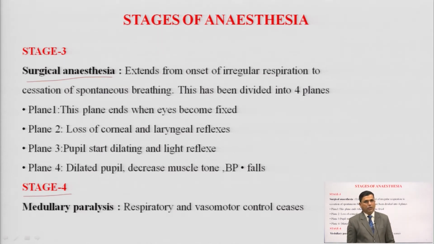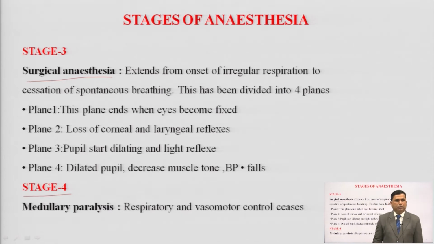In the third, the pupil starts dilating and light reflexes are lost; dilated pupils, decreased muscle tone, and BP may fall. The fourth stage is medullary paralysis, in which respiratory and vasomotor control cease.